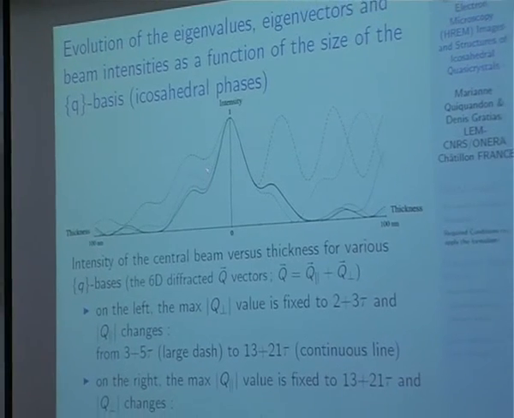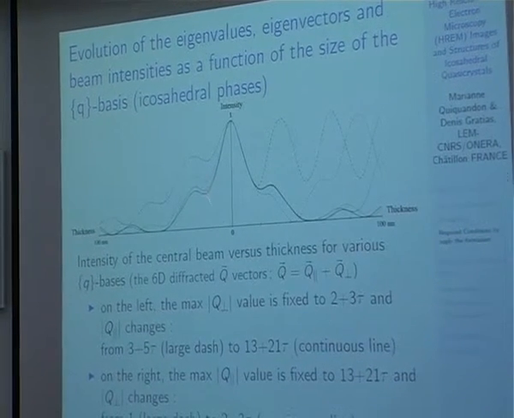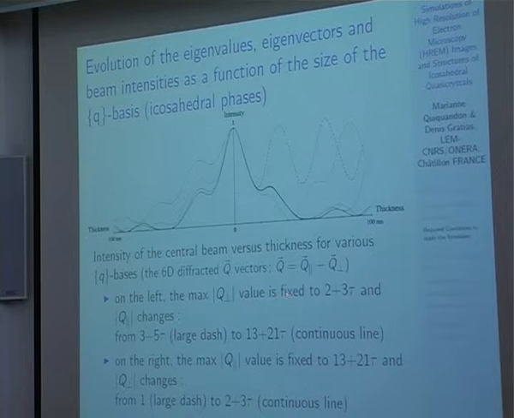On the left, we have performed calculations for the maximum value of Q perp that is equal to 2 plus 3 tau, and the parallel component of Q changes from this value that corresponds to this large dashed line to this value, 13 plus 21 tau, that corresponds to this continuous line.